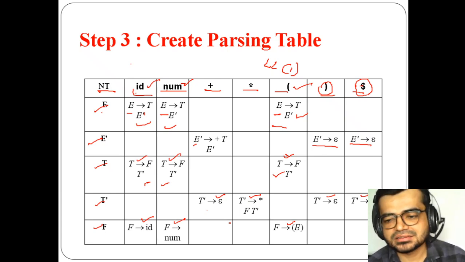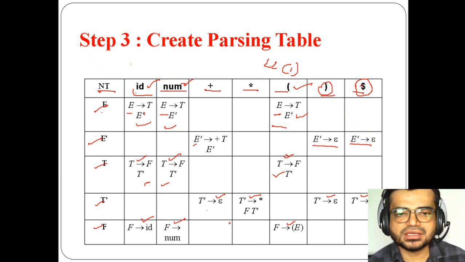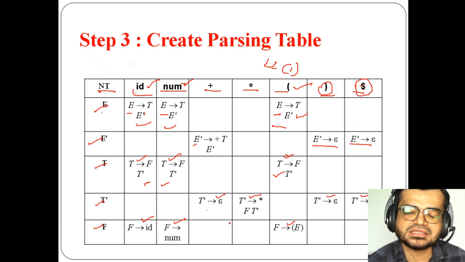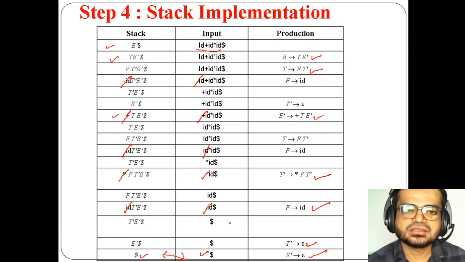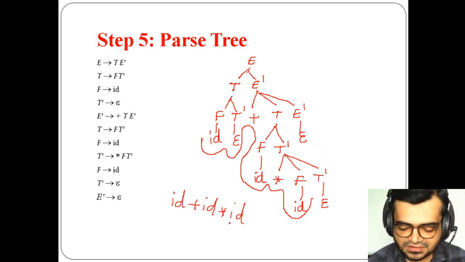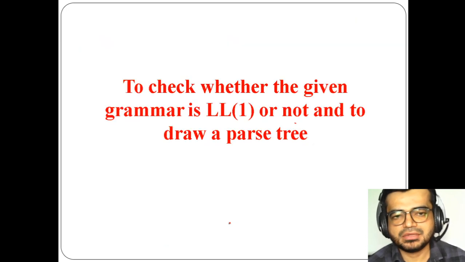Three things are there for the LL1 parser. The first is the set of tokens. The second is a set of productions, I mean the grammar. And the third is this parsing table. So with the help of this parsing table and all of this, you are generating a parse tree. Okay, so this is the top down approach, and this is about the LL1 parsing method.